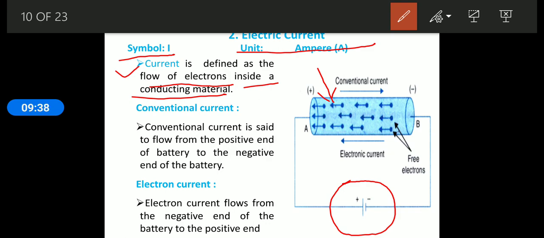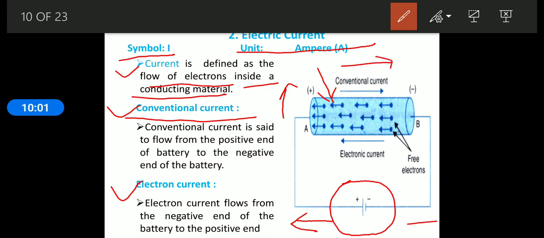Then there are two types of direction of current. One is conventional current flow and another is the electrons flow. The direction of conventional current is always from the positive terminal to the negative terminal.